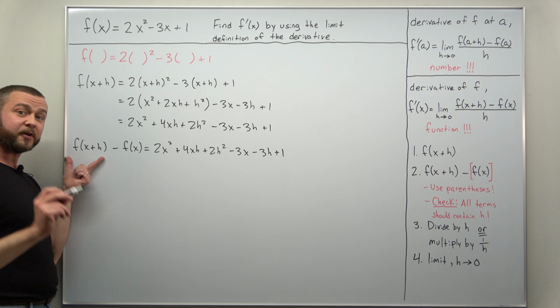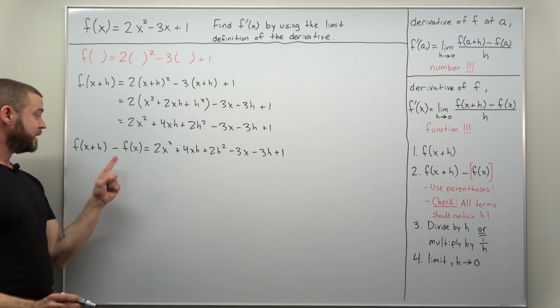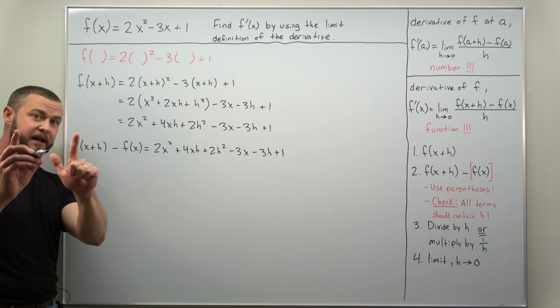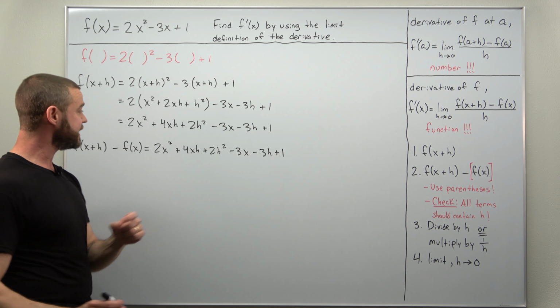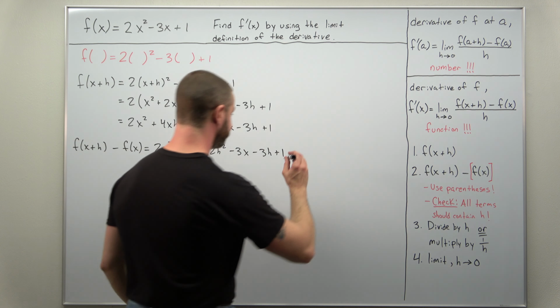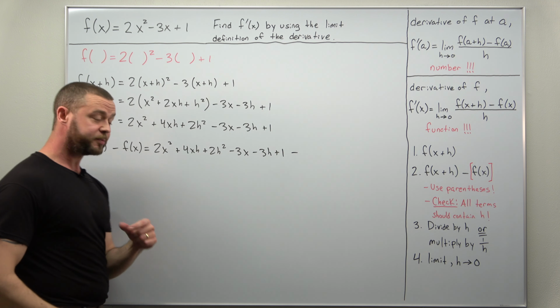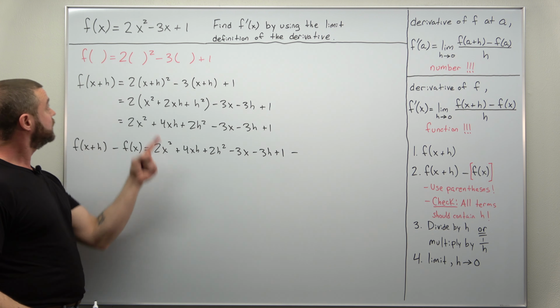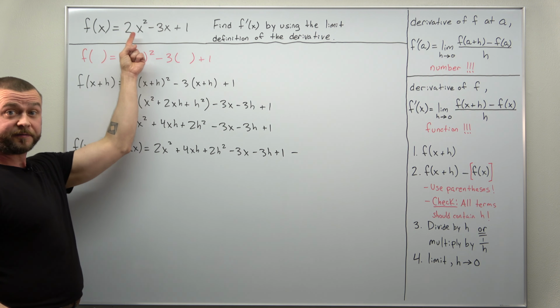Those are all the terms for f of x plus h. Now we're going to subtract. And again, I'm going to make an intentional mistake. So we have minus, and what we're subtracting is f of x, right? And there's our function, f of x. So we're going to have minus 2x squared minus 3x plus 1.